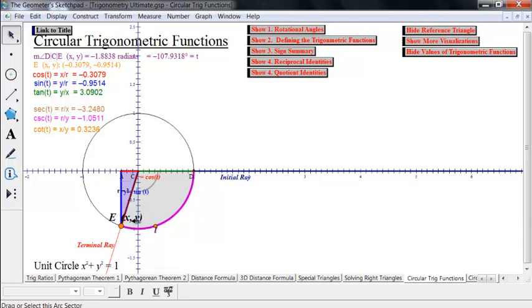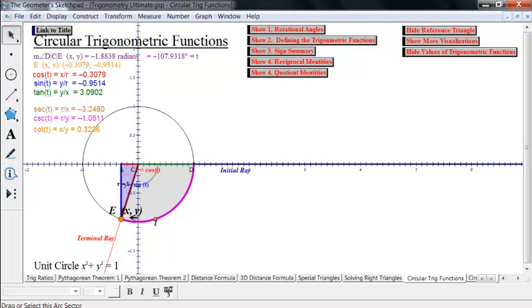So this has a point xy, which is where that terminal side meets that circle of radius r. The cosine is then defined to be x over r. The sine is defined to be y over r, the tangent is y over x, secant is r over x, cosecant is r over y, and cotangent is x over y.